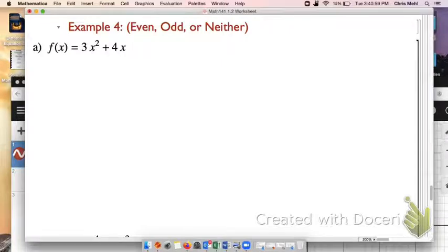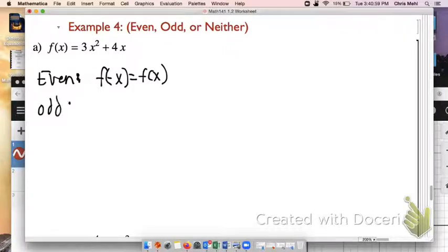Okay, I'm going to write these both down. If the function's even, what has to be true? f of minus x has to equal f of x. If a function is odd, what has to be true? f of minus x has to be negative f of x. Okay, and there's only 3 things I really need to be computing here.